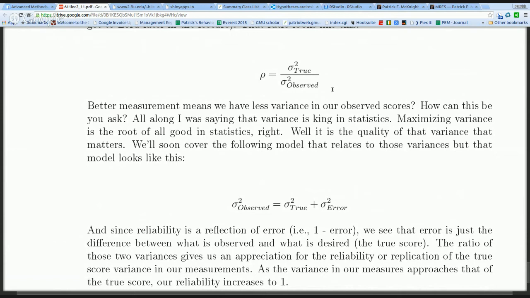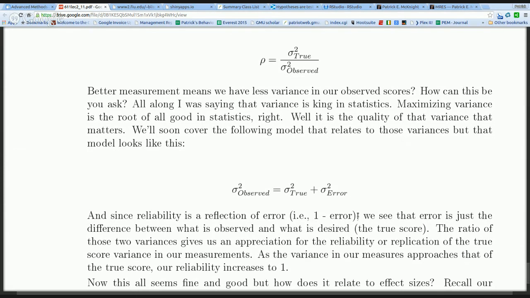Well, we increase the amount of observed score variance, okay? Because this error variance increases, our reliability is going to be lower, okay? If you use poorer measures, you have more of this error and you have more observed variance, okay?